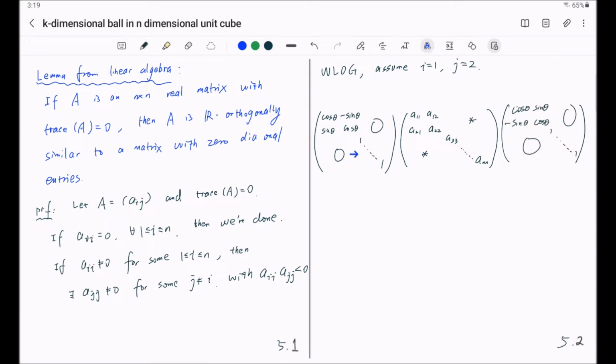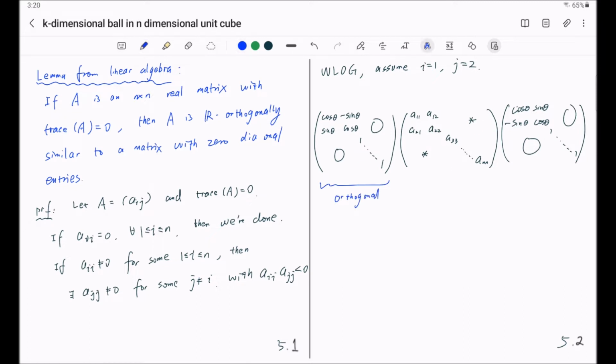This matrix consists of zeros, ones, and this 2 by 2 matrix that corresponds to a rotation in R2: cosine, negative sine, sine, cosine. Those diagonal entries are ones, and the other entries are 0. And this one is transpose and inverse. This is clearly an orthogonal matrix.